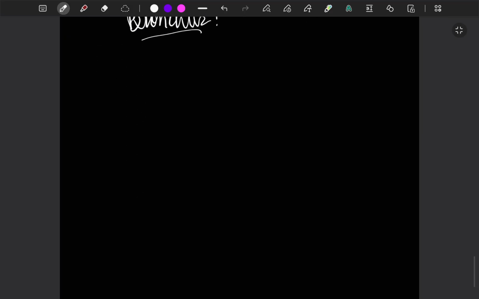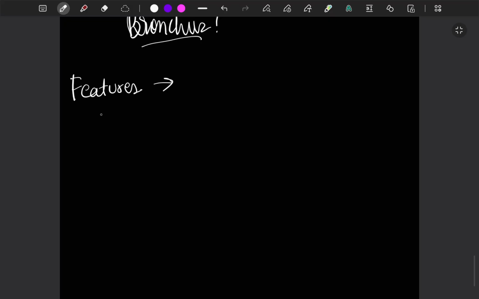Okay, now features are very important. Features. First of all, like in the definition, each segment is aerated by a tertiary bronchus. Then second, they are pyramidal.